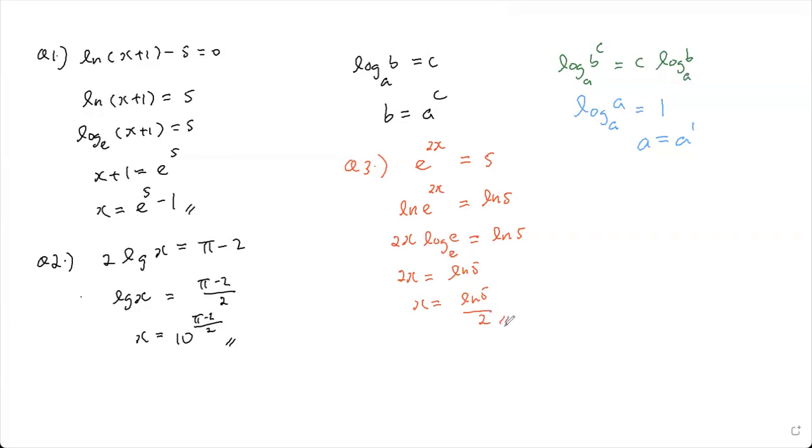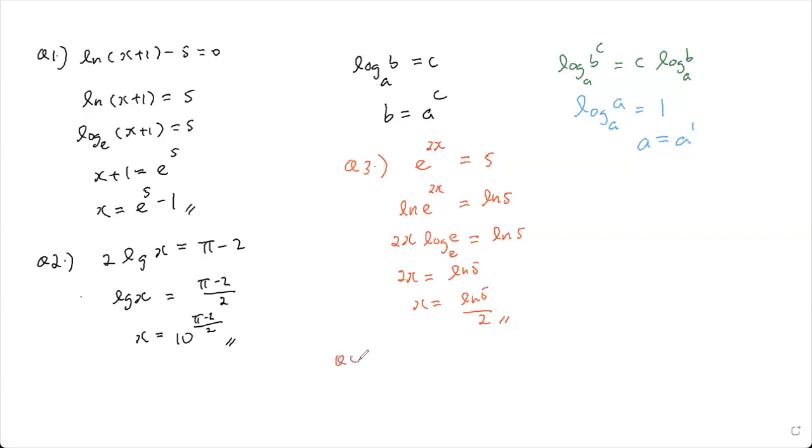All right, let's move on to the last question. Question 4 is a bit lengthy. Maybe I should give a bit more space for that. Let me write it down here.